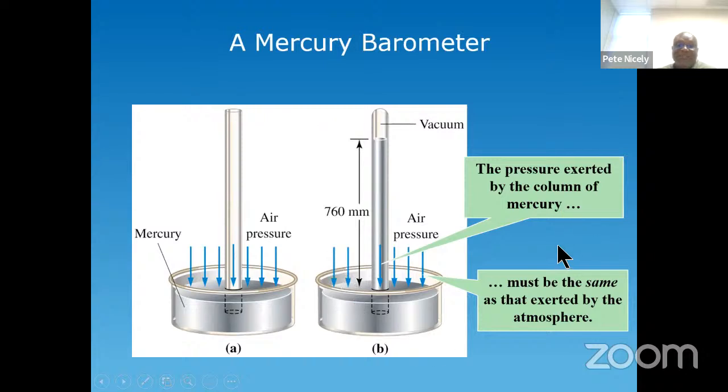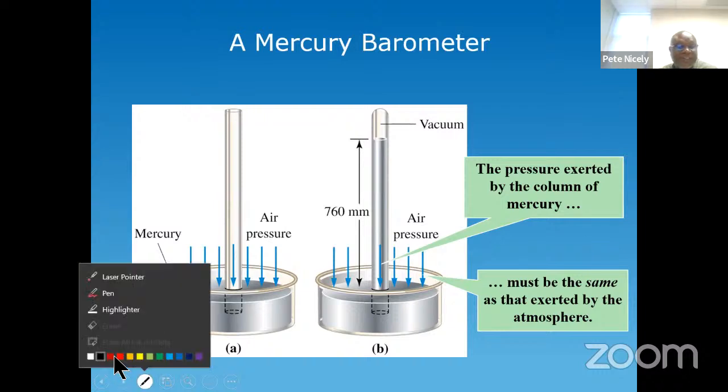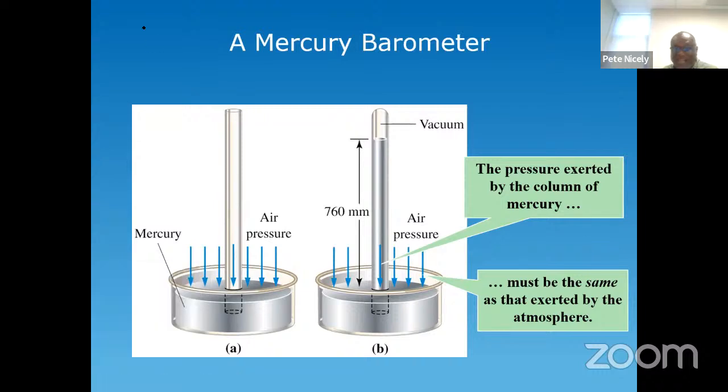That's why the pressure exerted by the atmosphere is called 1 atmosphere, and that 1 atmosphere is equal to 760 millimeters mercury, all right? So that's where we get that relationship from.